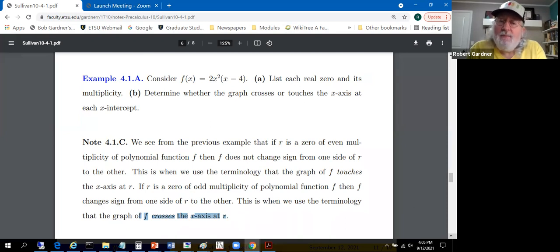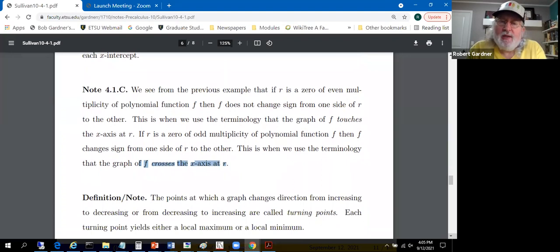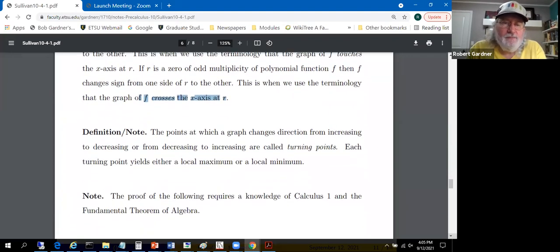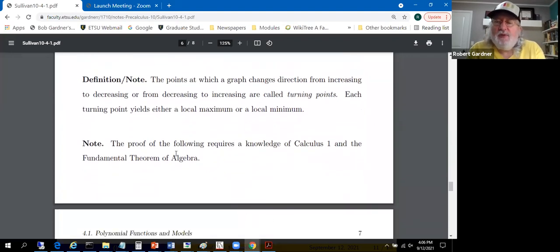So we're getting a lot of mileage out of just some algebraic properties. Another definition before we go back and look at that same example again. The points at which a graph changes direction from increasing to decreasing or from decreasing to increasing are called turning points. Each turning point yields either a local maximum or a local minimum.